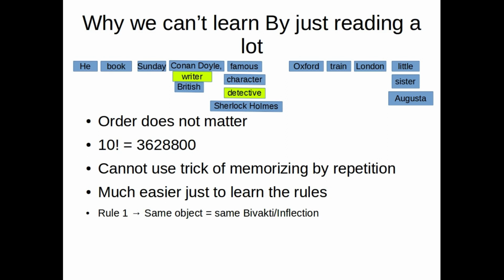If there are 10 things related to each other to form an idea, we have 10 factorial ways to represent the idea in Sanskrit. We cannot apply the trick of memorization by repetition.